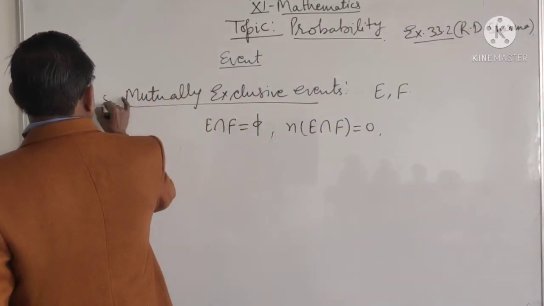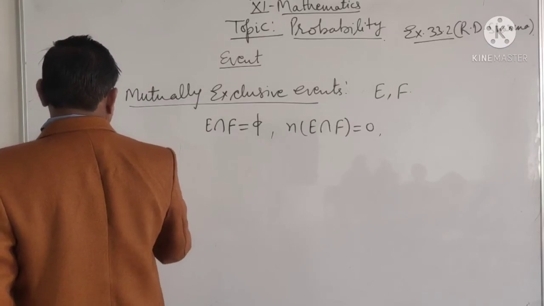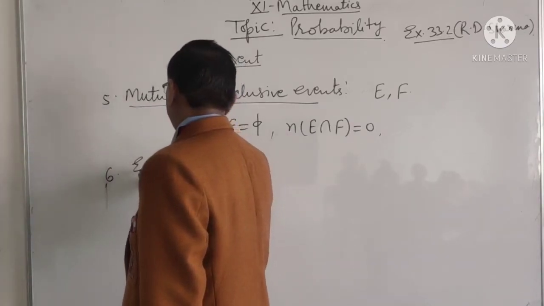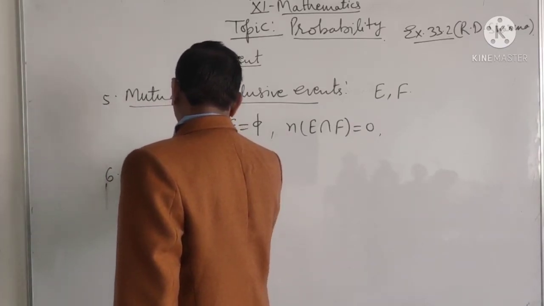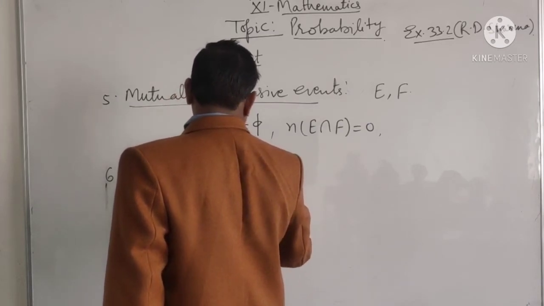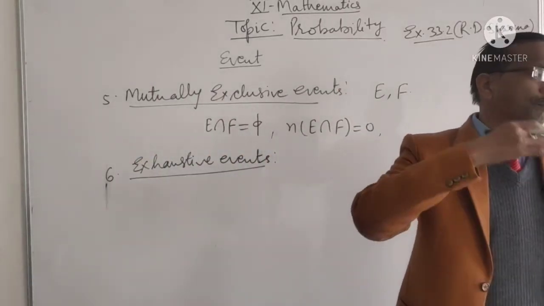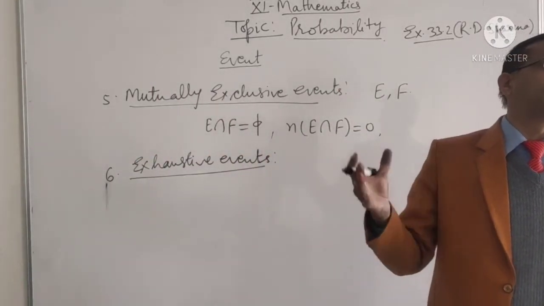Next is the fifth, exhaustive event. Let us suppose there are more than one event of a sample space.